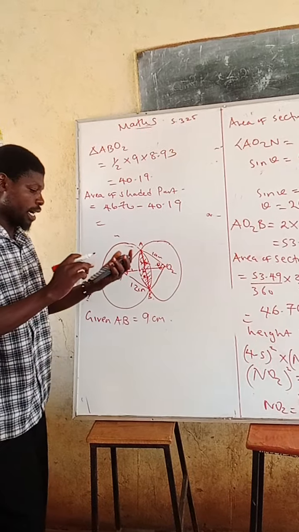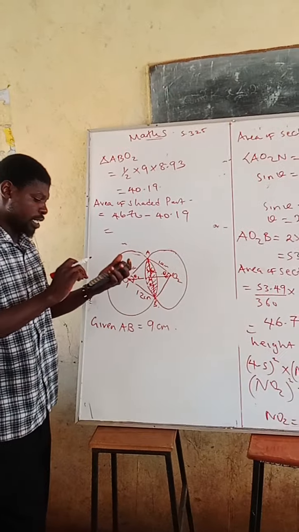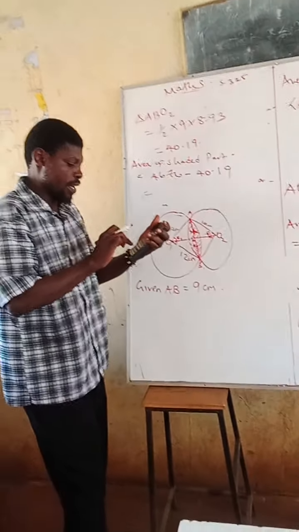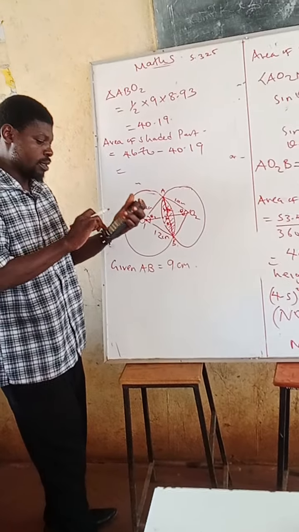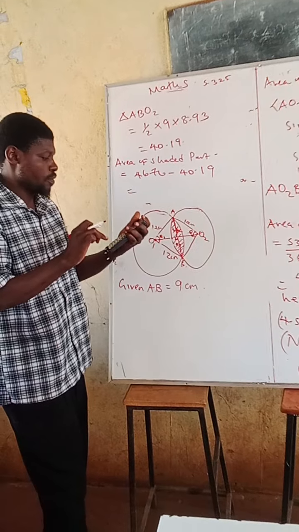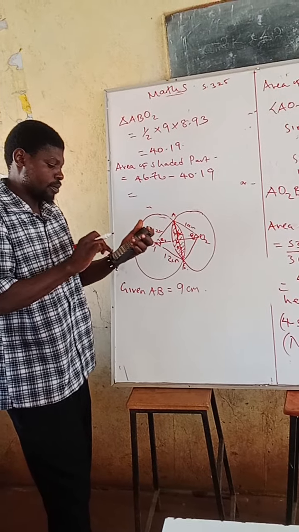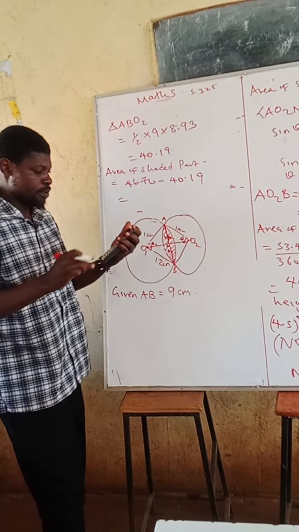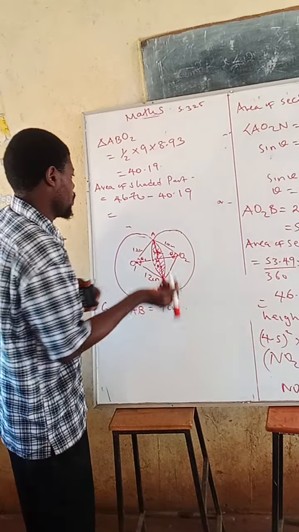According to my calculator, 46.70 minus 40.19 is 6.51.